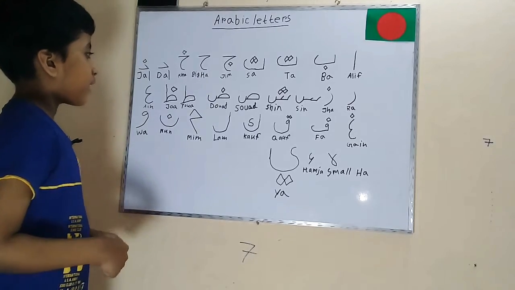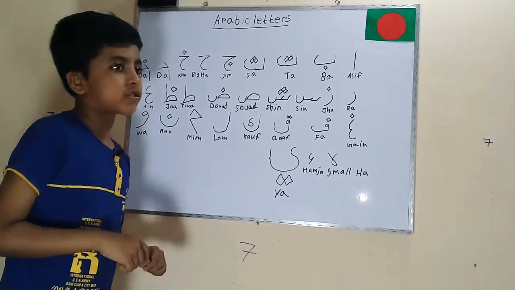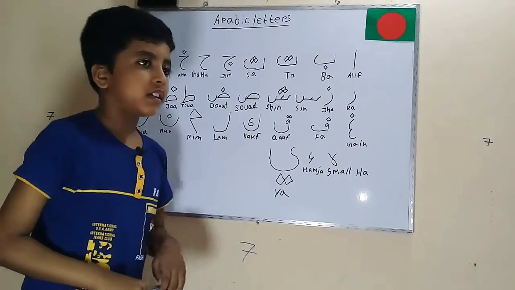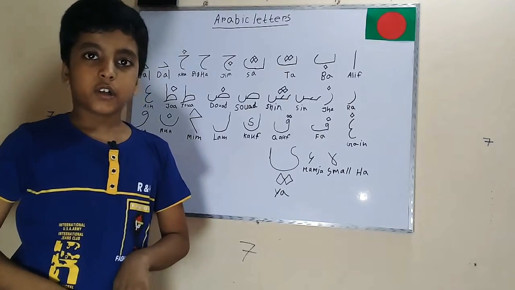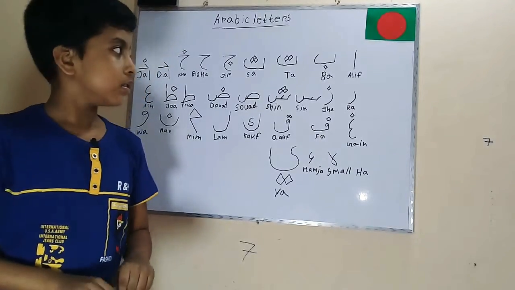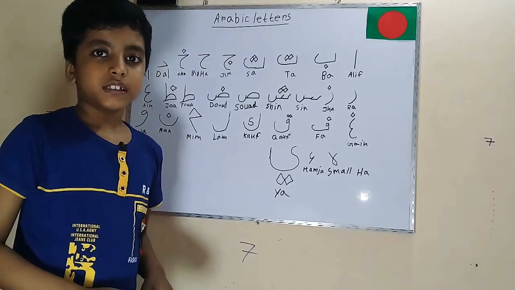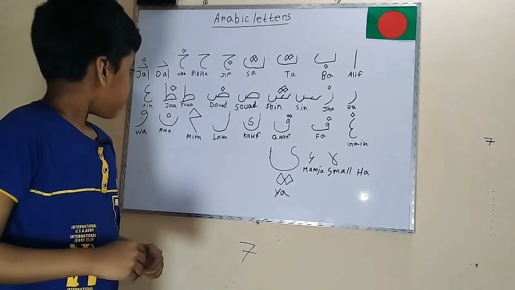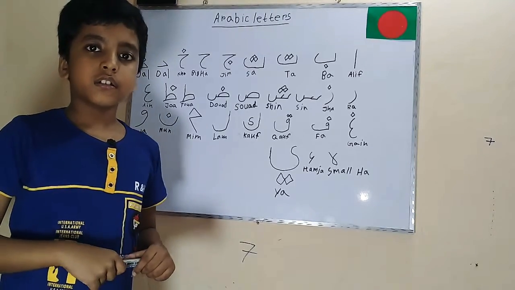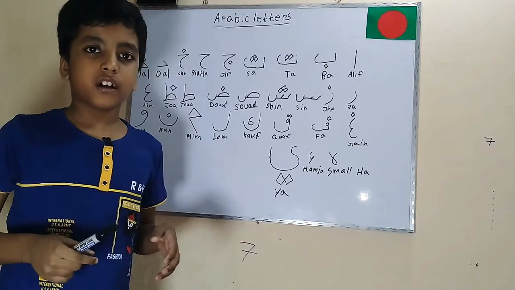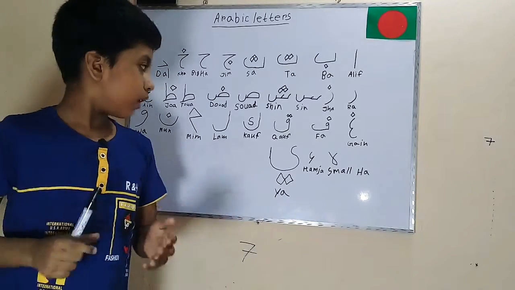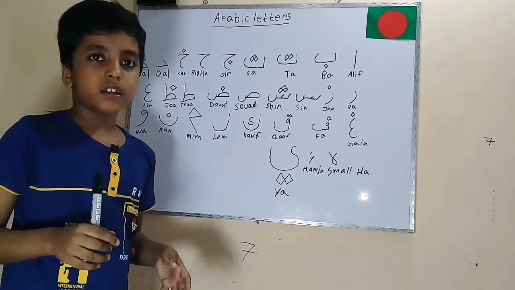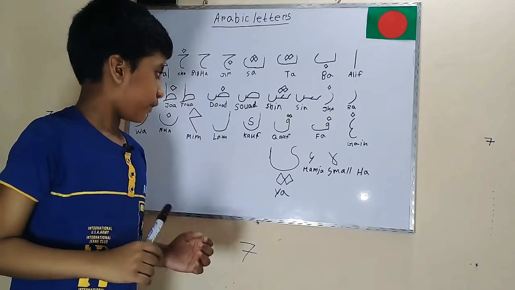Those Arabic letters are alif, ba, ta, sa, jim, ha, kha, dal, zal, ra, za, sin, shin, souad, douad, toa, zoa, ain, gain, and fa, qauf, kauf, lam, mim, nun, and wa, small ha, and hamja and ya.